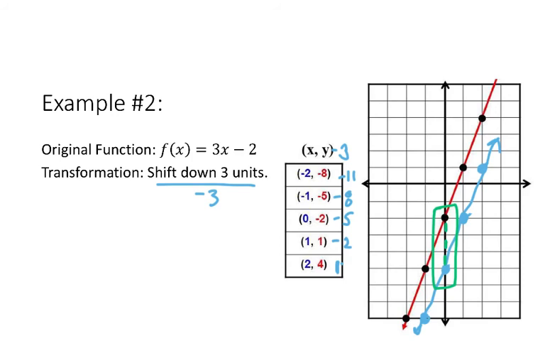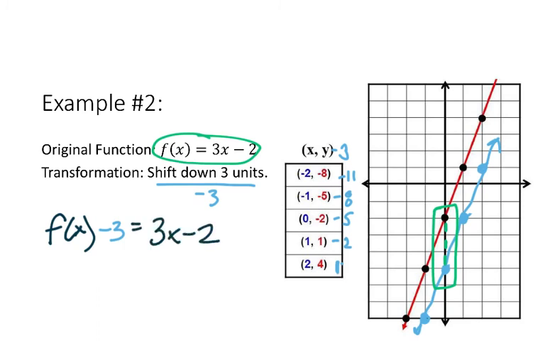Alright, so how do we write that in the equation? Well, we take the original equation and we subtract 3. So officially that means the original equation, which is 3x minus 2, and we're going to tack on subtracting 3. Unlike the parent function in the previous one, this one is not a parent function, and so we do have things that might combine together.